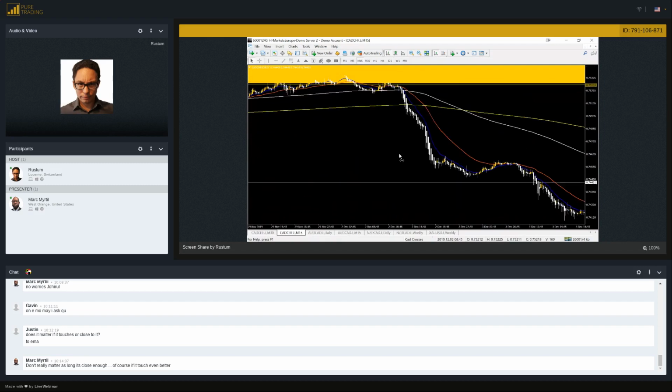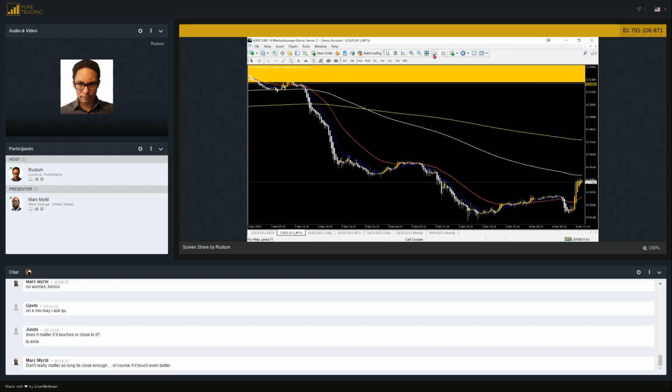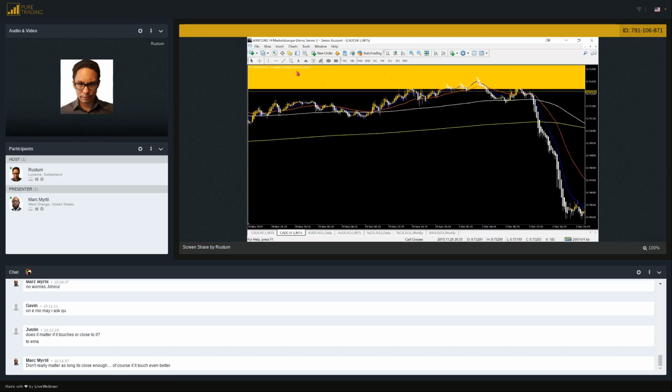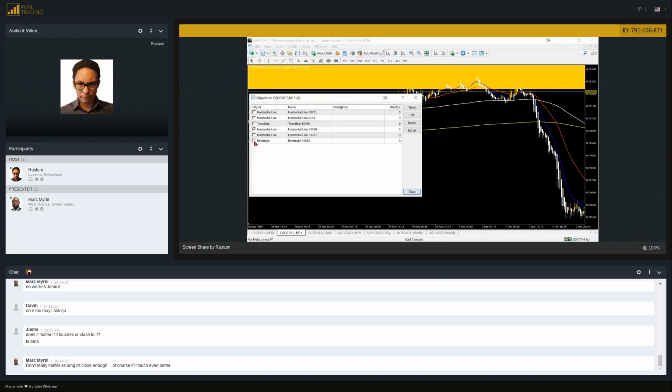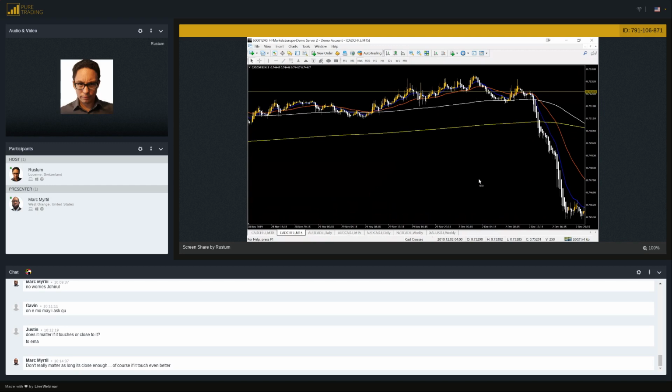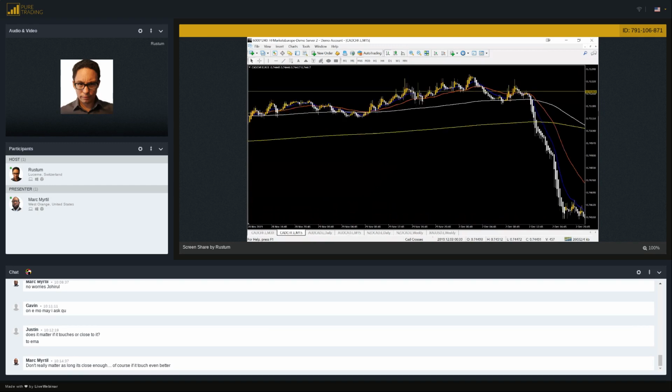So price comes into the area for the first time there, right? Price comes into that area. So now this is the area and we're looking to go short somehow there, right?